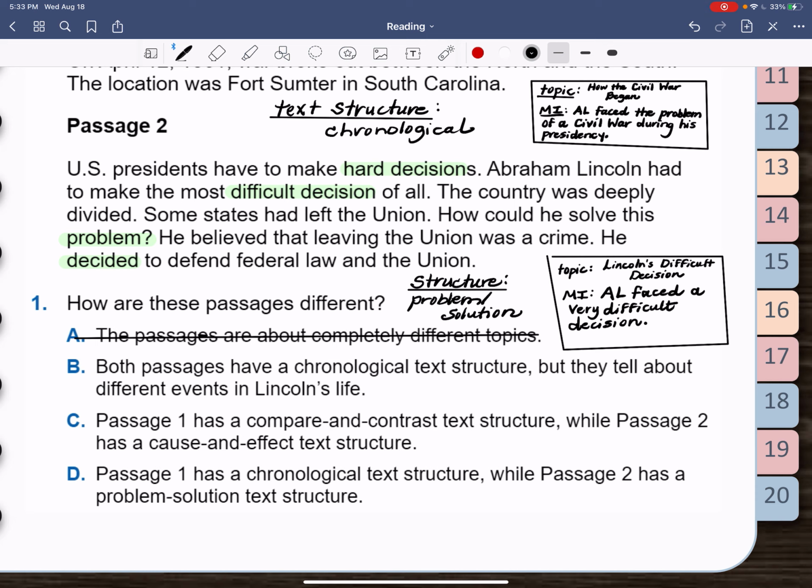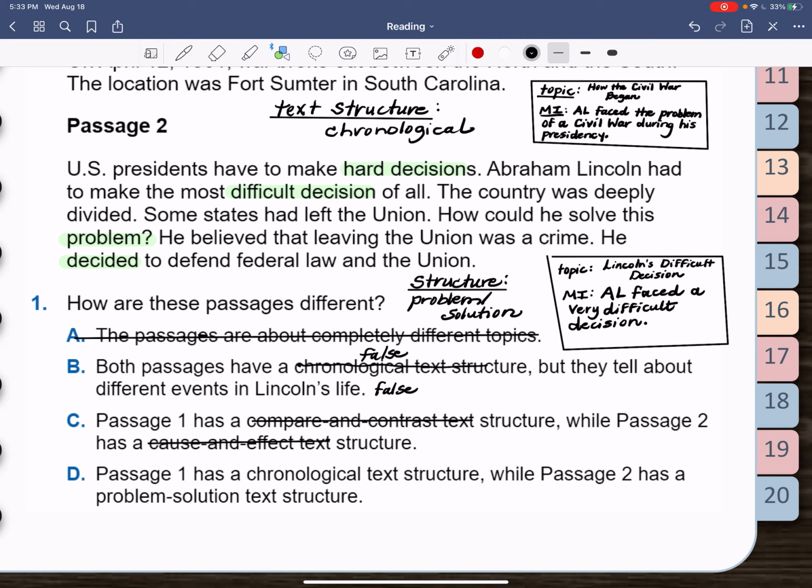Well, this is false. They are not chronological, and they do not tell about different events in Lincoln's life. So that is not the answer. Passage 1 has a compare and contrast text structure. No, that's false. It's not compare and contrast. While passage 2 has a cause-effect text structure, no, that is not true.